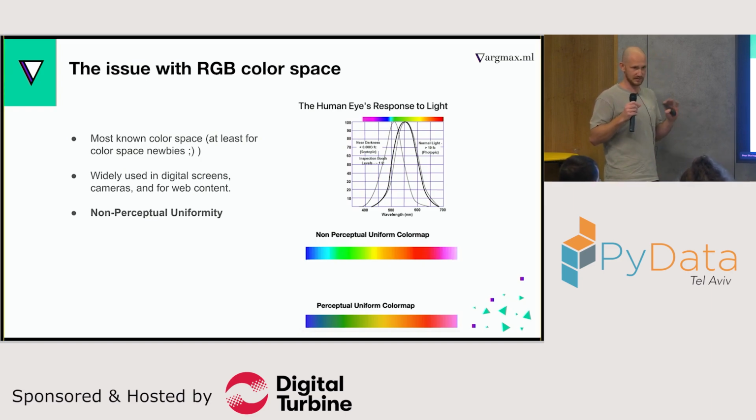Exactly. Apparently, this is something new I learned as well: there's a keyword in color space called perceptual uniformity. It's the uniformity of how human vision perceives color.